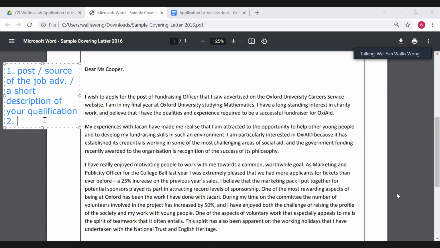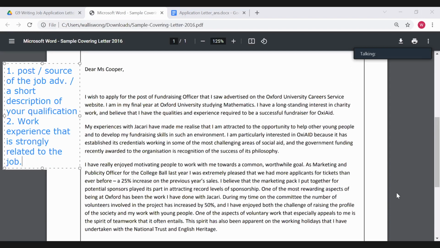Then you may talk about your work experience that is strongly related to the job. Understand? One of you applying for a job mentioned your experience in the student union.